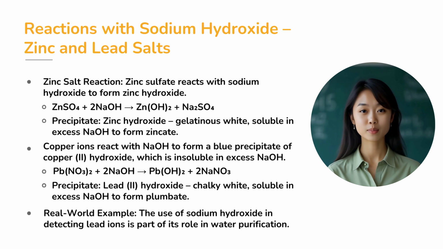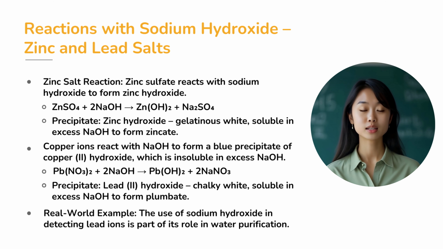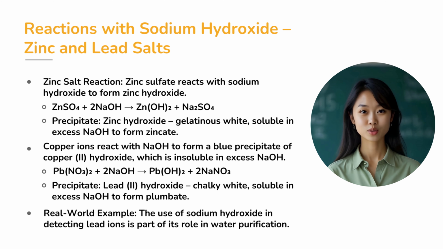Now, let's talk about zinc and lead salts. Zinc sulfate reacts with sodium hydroxide to form zinc hydroxide, a gelatinous white precipitate. The equation goes like this: zinc sulfate, ZnSO4, reacts with 2 moles of sodium hydroxide, NaOH, to form zinc hydroxide, Zn(OH)2, and sodium sulfate, Na2SO4.